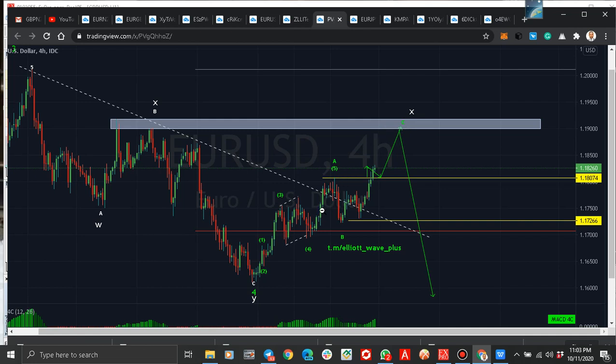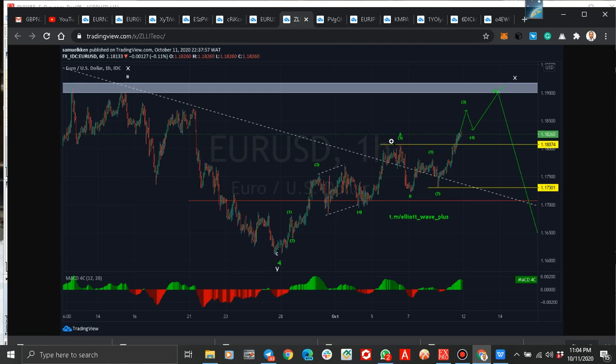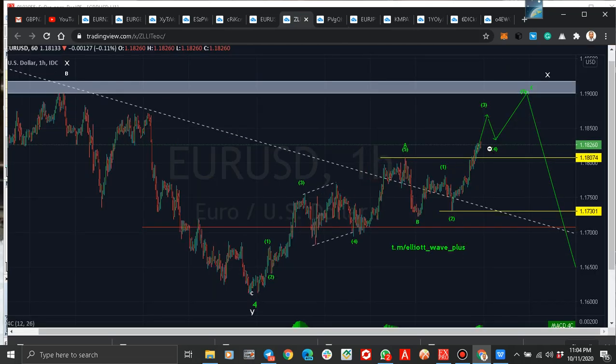But as I said earlier, I'm still expecting another drop until this stop is taken out. If I don't see a candle closed above this area, I will not stop expecting a sell. So we might have a sell setup around here, but let's keep watching. Then on the 1 hour candle, we see more details of what we expect.